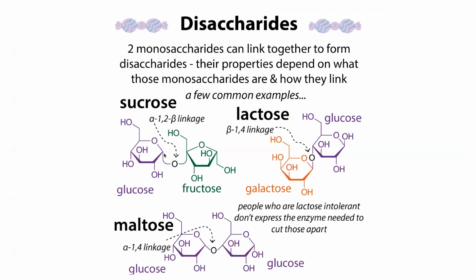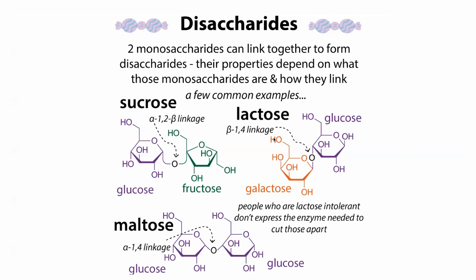Based on which it is, that's going to dictate what you call the linkage. And it's also going to dictate the orientation. When we get into complex carbohydrates, how they link is going to matter a lot, because it determines what shape the ultimate carbohydrate is going to make, which has important implications in terms of its structure, sturdiness, tightness, and compactness.